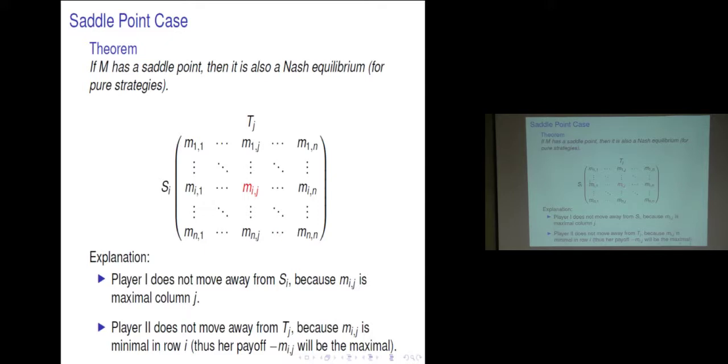If she moves away, she gets a smaller number, but however, you have to take the negative, so from player two's point of view it is worse. There is no incentive to move away. So if you have a saddle point, then it is a Nash equilibrium.